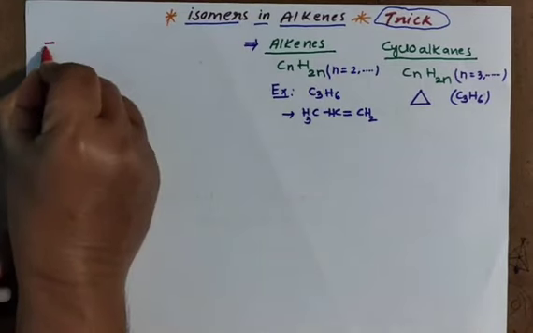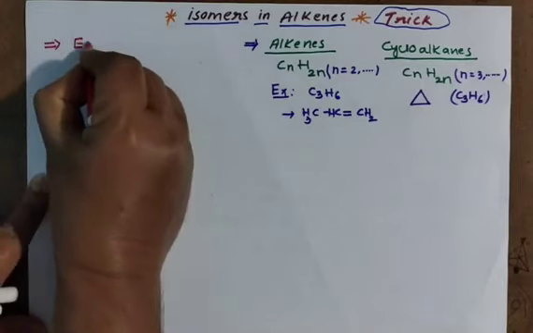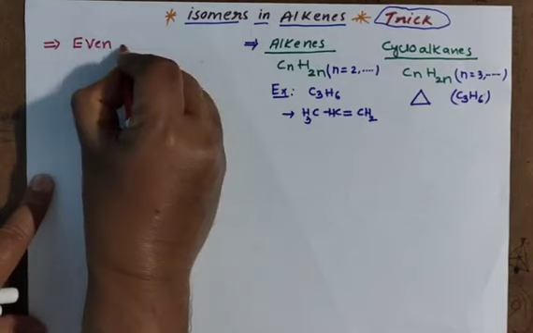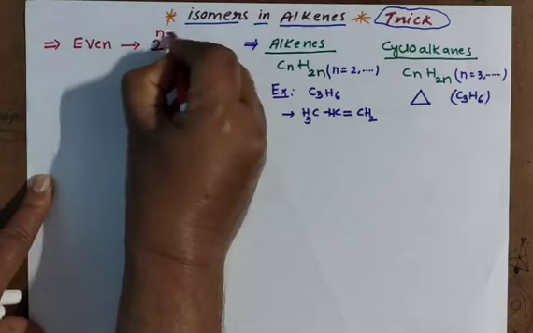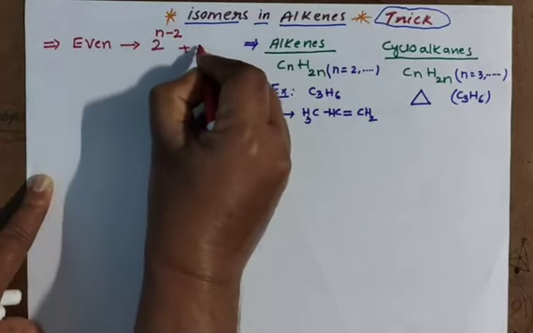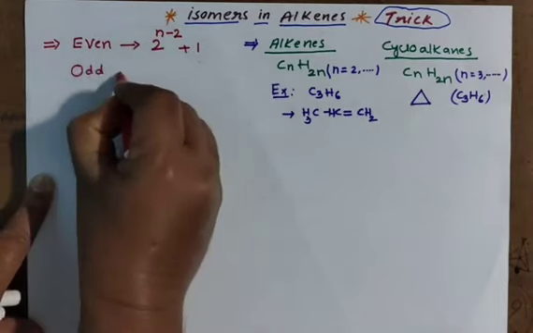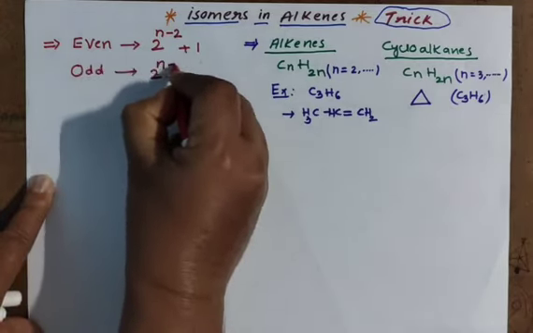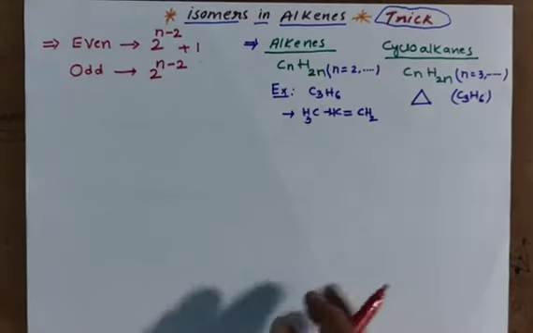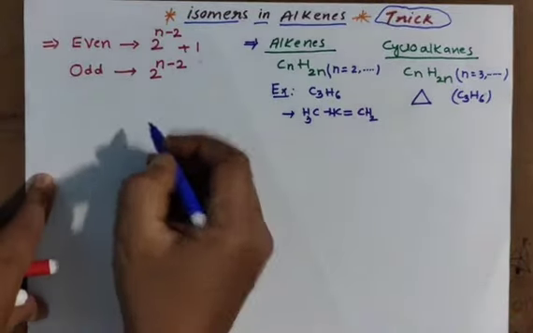If the number of carbon atoms is even, then the formula you have to use is 2 power n minus 2, plus 1. If the number of carbon atoms is odd, then the formula is 2 power n minus 2. If you remember this formula, for any alkene or cycloalkane you can say the answer within 10 seconds.